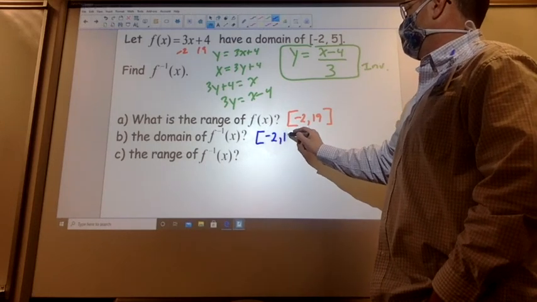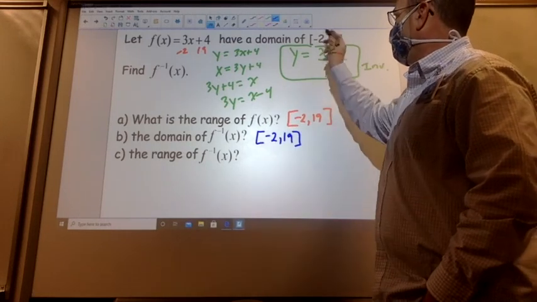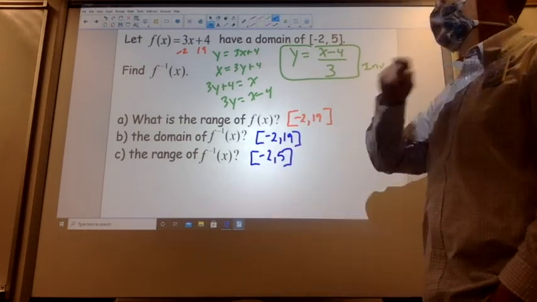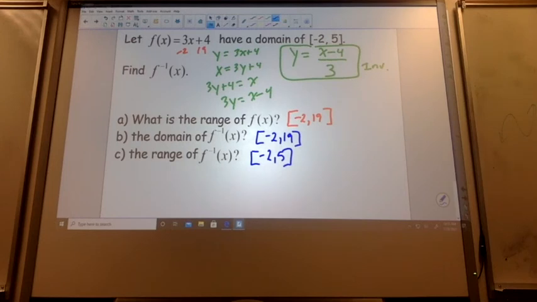This. What is the range of the inverse? That. Done. That's it. If you realize quickly that the domain and range flip-flop, you can answer this question very quickly.